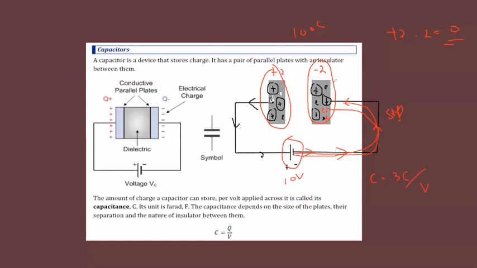So what is the capacitance? Capacitance is charge divided by voltage. 100 coulombs were stored for 10 volts, so it will give you 10 coulombs per volt. It means it can store 10 coulombs for every volt.